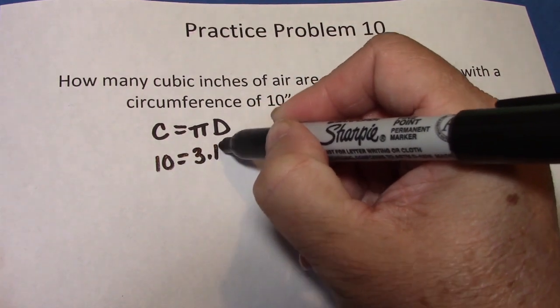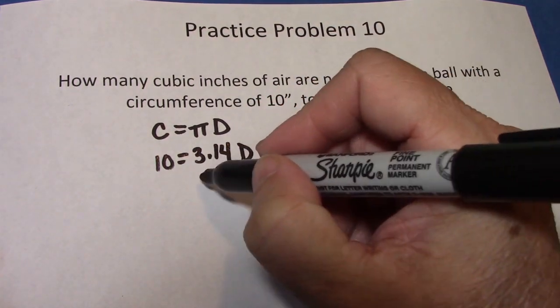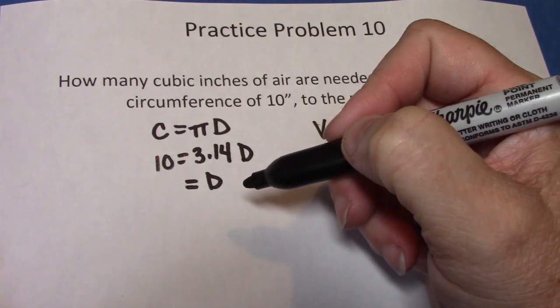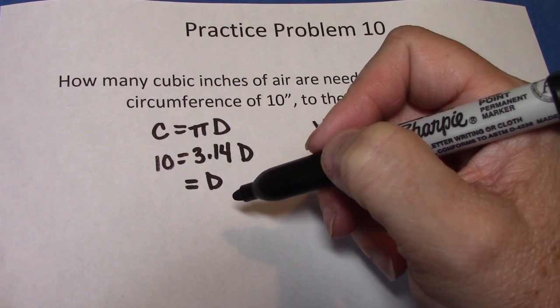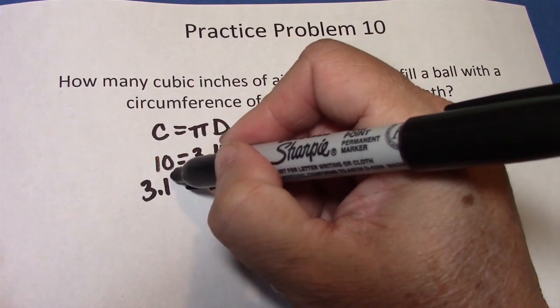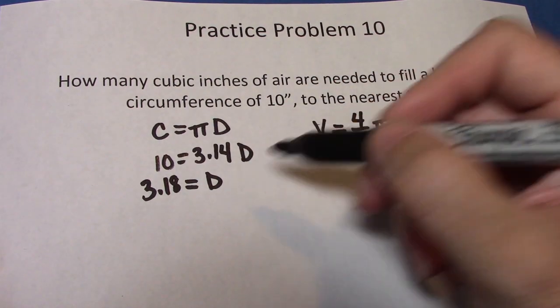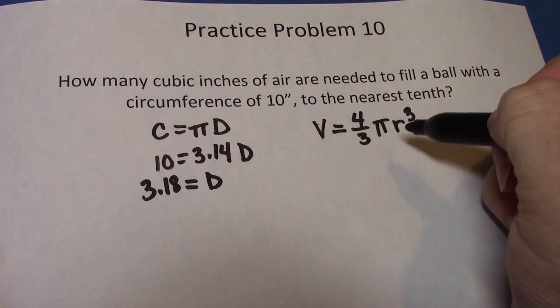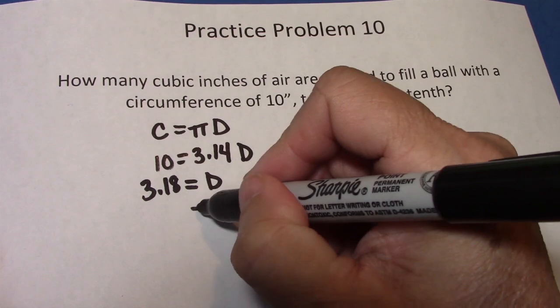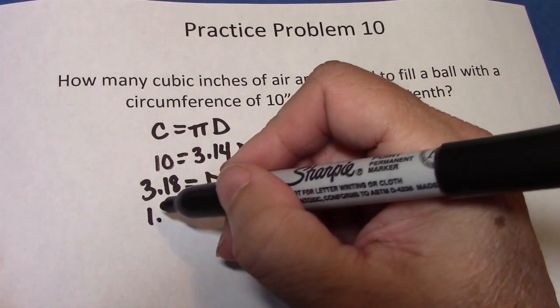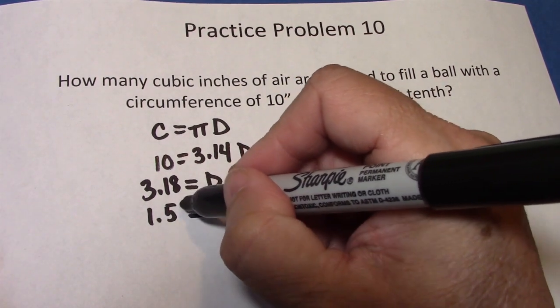Alright, so circumference was 10, pi, we're going to use 3.14 times the diameter. Divide both sides by 3.14, and we're going to get a diameter of 3.18. But that's the diameter, and we need the radius. The radius is half of the diameter, so the radius is 1.59.